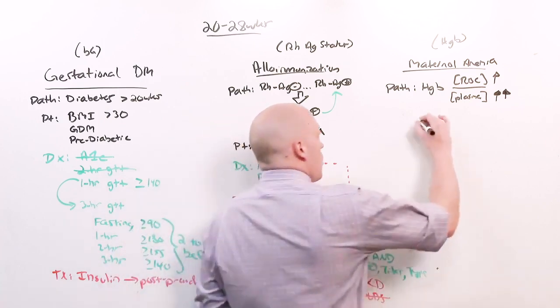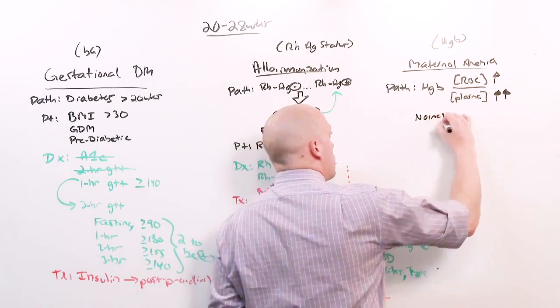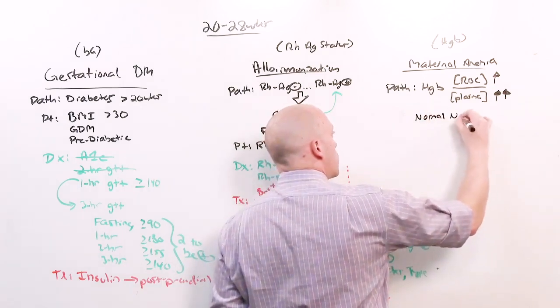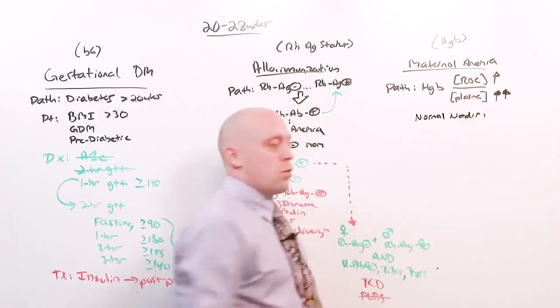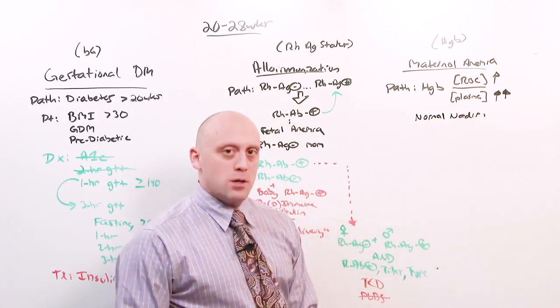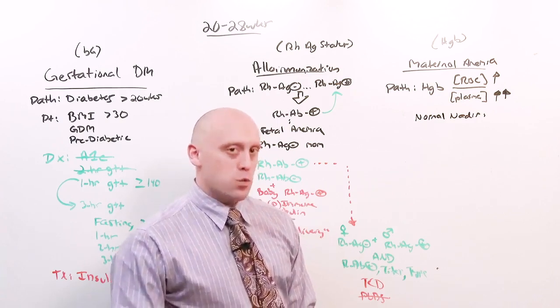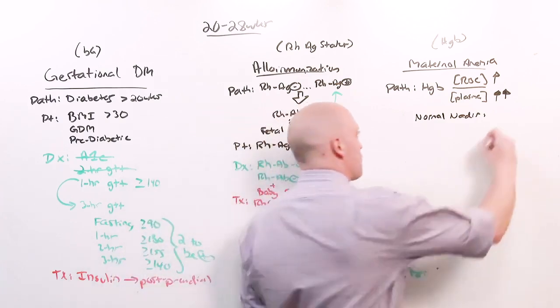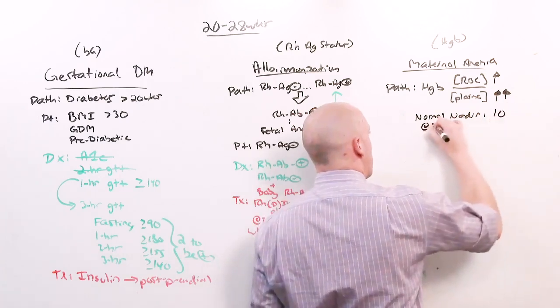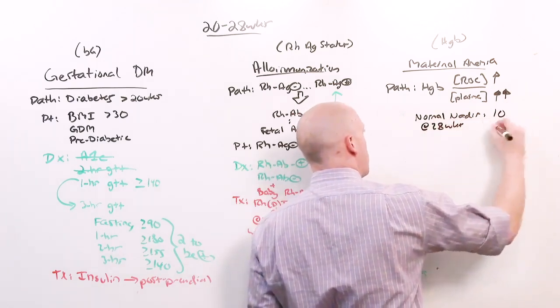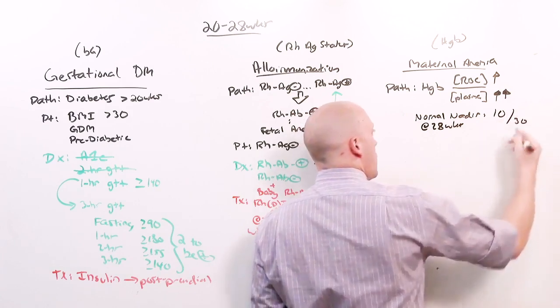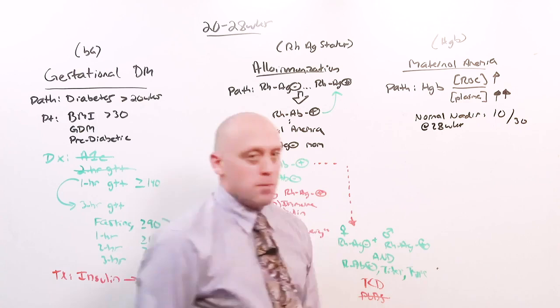A normal nadir, that is what you expect the drop in the blood counts to be, what you expect the lower limit of a normal hemoglobin at week 28 is 10. And in general, hemoglobin times 3 is the hematocrit.